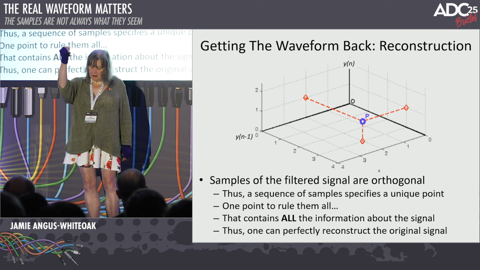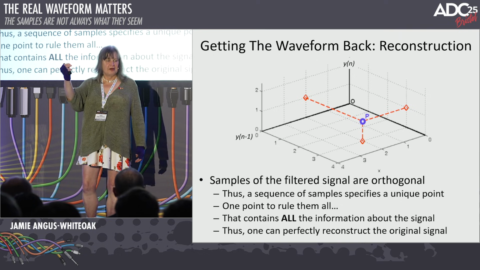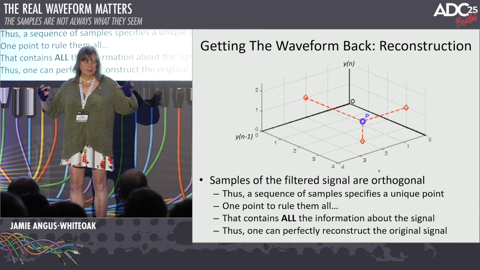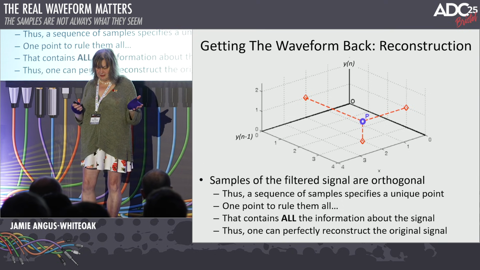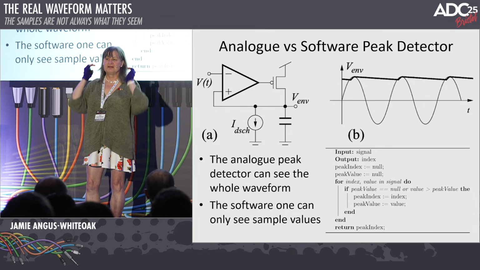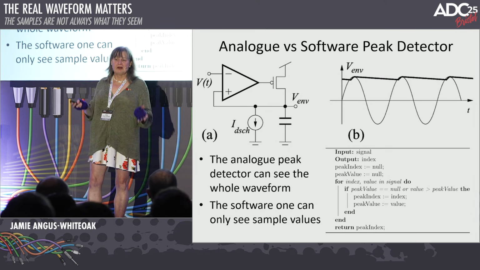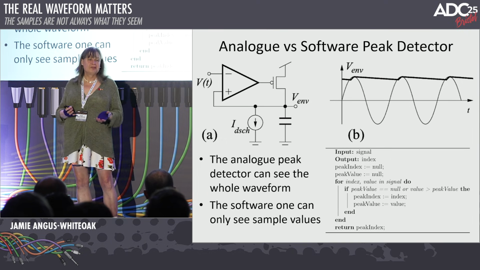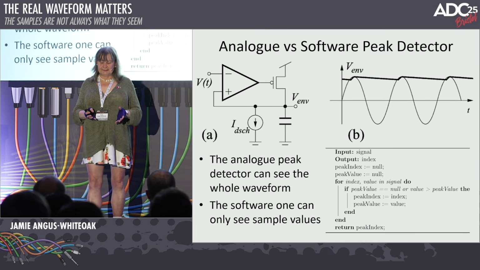And if we can define that point and isolate that point, we can perfectly reconstruct the signal from that. So that's the power of sampling if we can do it right. But the problem, of course, is that we've got this infinite impulse response. Now, here's a simple example of where it all breaks down horribly.